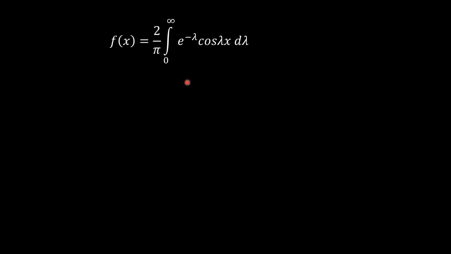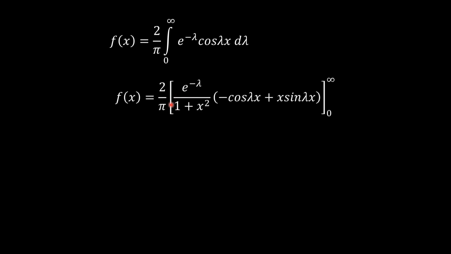Okay, so we will use that formula, and hence integration is 2 upon pi e raised to minus lambda divided by a square plus b square, that is a is 1 and b is x, so 1 plus x square into a cos bx, a is -1, so minus cos lambda x, b is x, plus b sin bx, our b is x, so x into sin lambda x. Limits are from 0 to infinity.